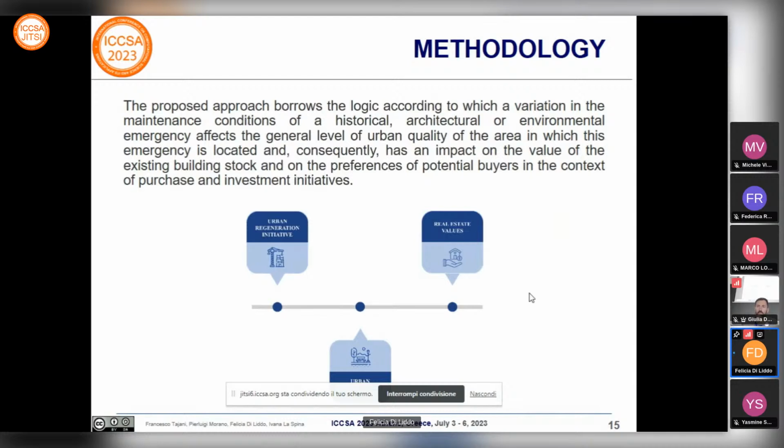Since the property value is a result of a set of intrinsic and extrinsic factors, it is assumed that a variation in the conditions that characterize the area causes an impact on the market value.